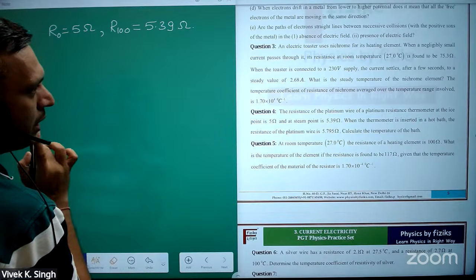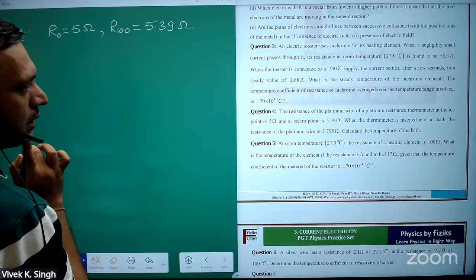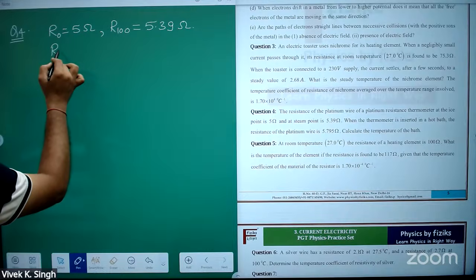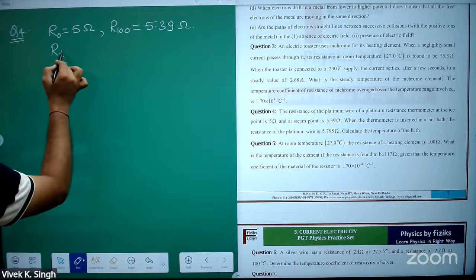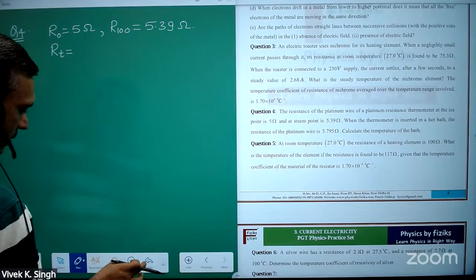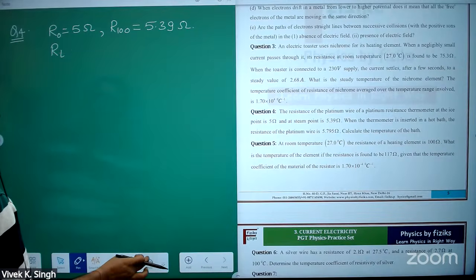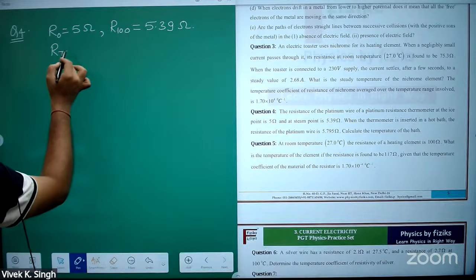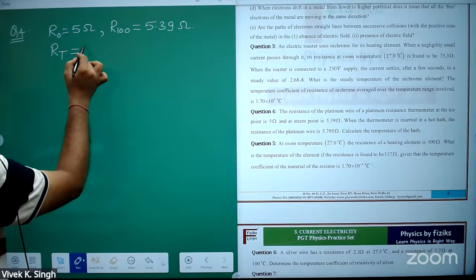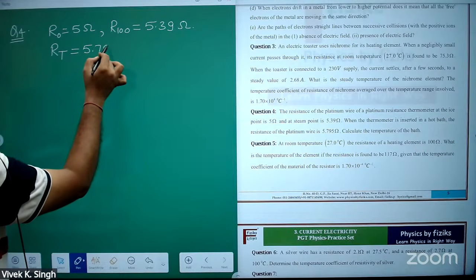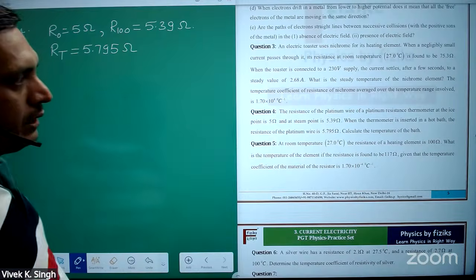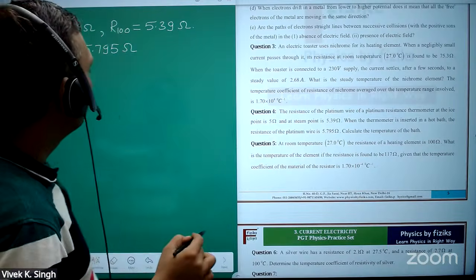When the thermometer is inserted in a hot bath, the resistance of the platinum is, at some temperature T, 5.795 ohms. Calculate the temperature of the bath.